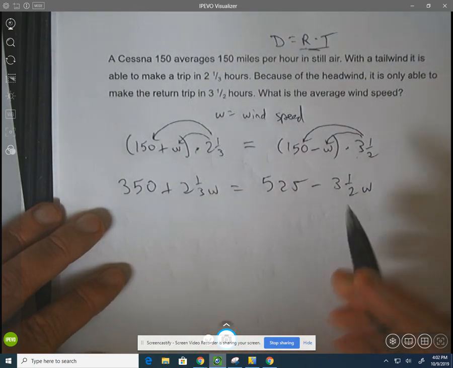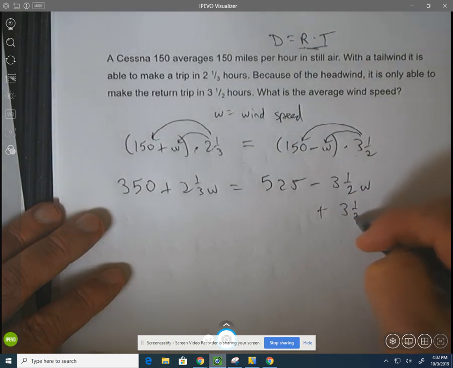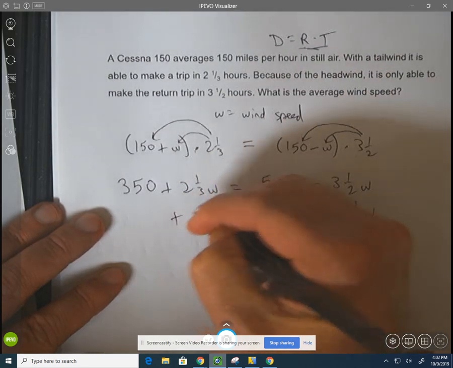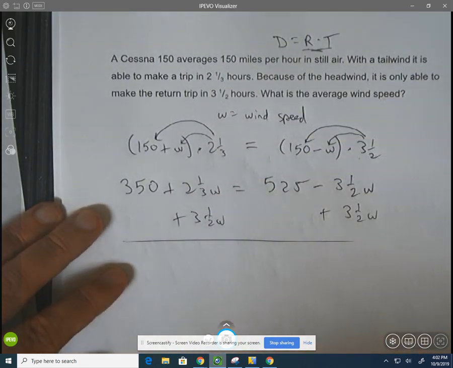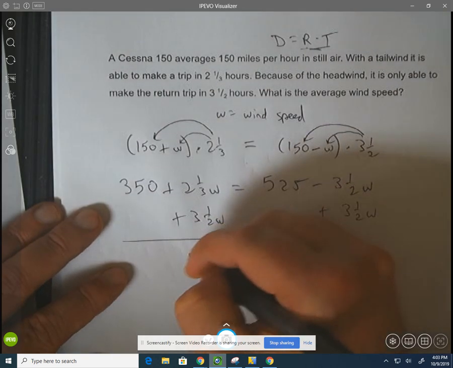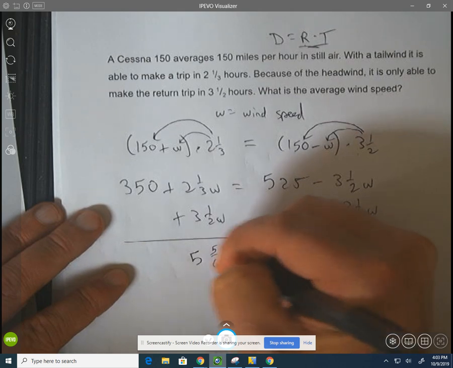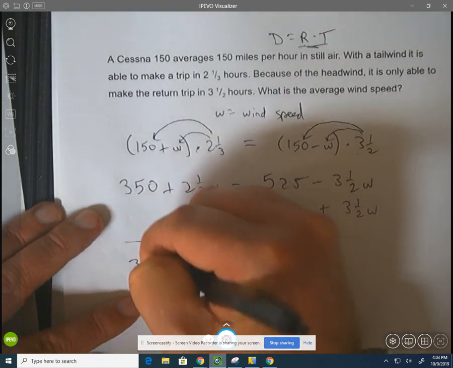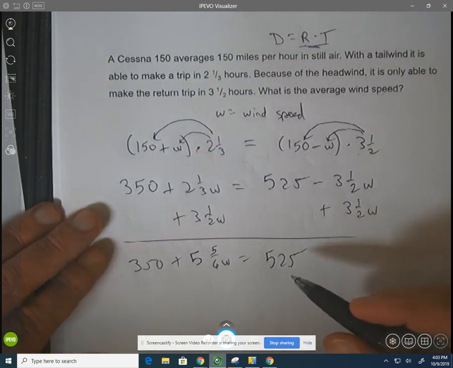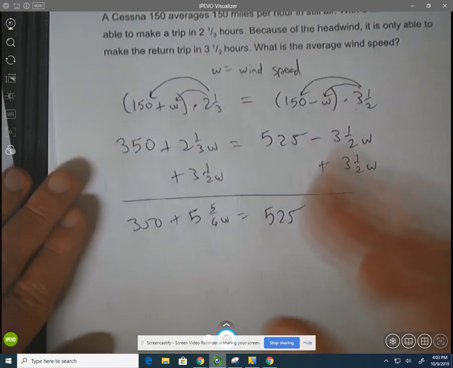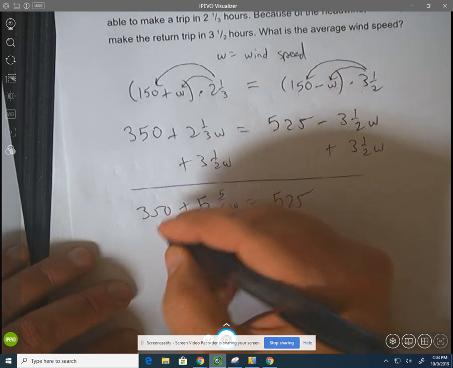Got an equation with variables on both sides. Let me get rid of one of them. So I'm going to add 3.5 W to both sides. So you get your calculator and add these up: 2 1/3 plus 3 1/2. I get 5 5/6 W plus 350 equals 525. And now it looks like a two-step equation.